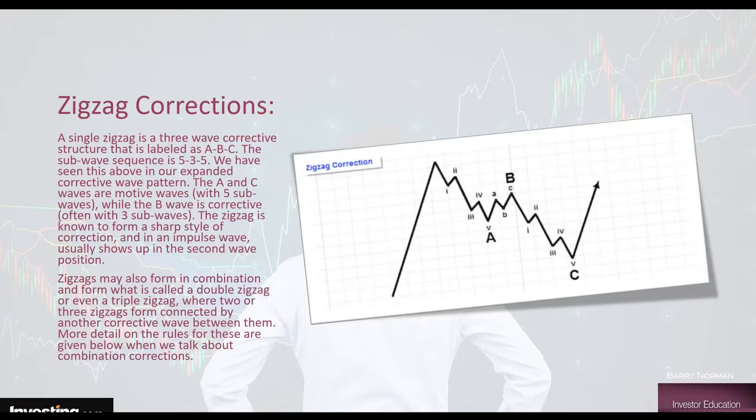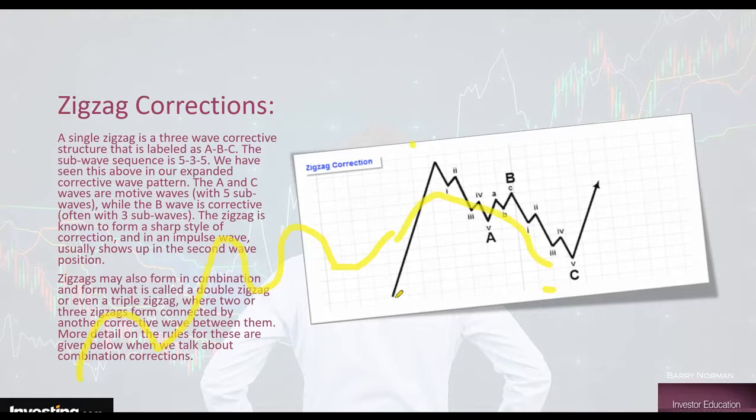Okay, so let's follow this. We've finished our upward wave 1 to 5. We've had 1, 2, 3, 4, and 5, and now we've entered the A, B, and C stage. In other words, remember, we had a long-term wave going 1, 2, 3, 4, and this would be 5.